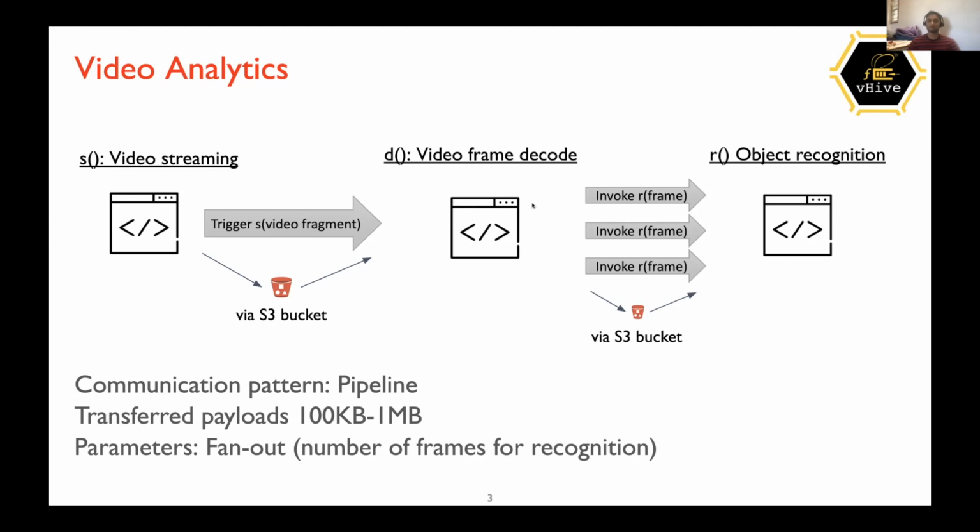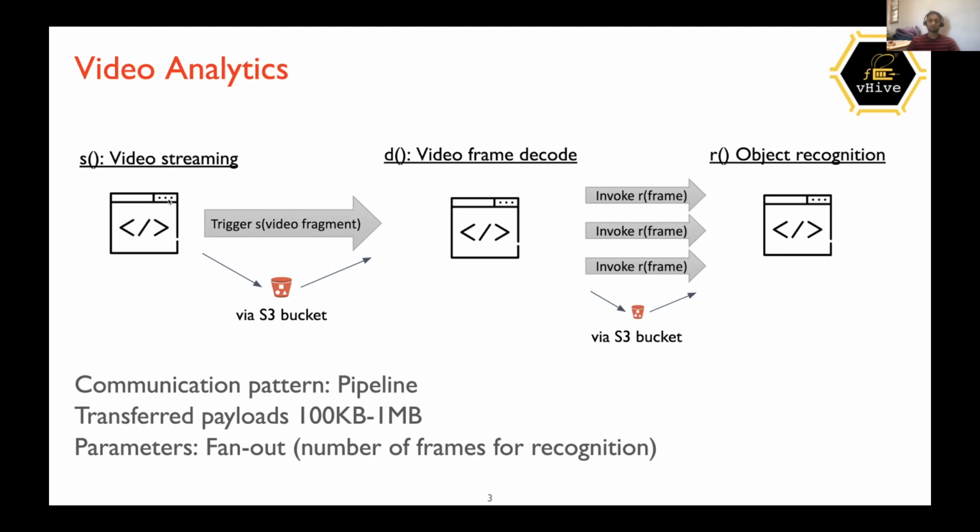And then this function will split that video into a number of frames. And that number of frames will then again be pushed to a S3 bucket. And then the URLs of those files will be transferred to the object recognition function, which will fetch a URL and then perform object recognition on it, and then send back the response to the decode function, which will then send back the response to the video streaming function, and then we will get the response.